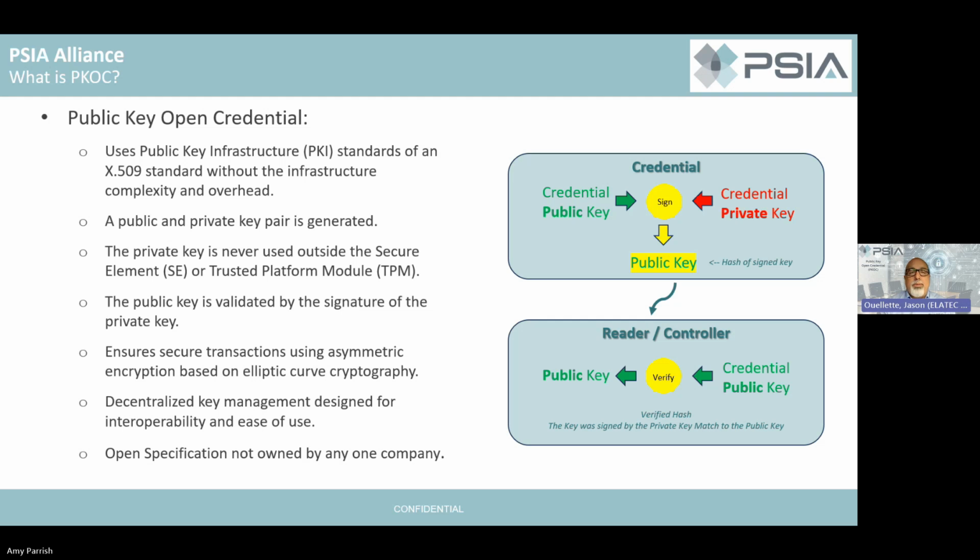We sign that, you get this hash signature that can then be validated on the reader once the credential sends it, and ensure in a very highly secure way, again following elliptic curve cryptography, that this credential came from a valid source. So that, in the end, is what Public Key Open Credential is.